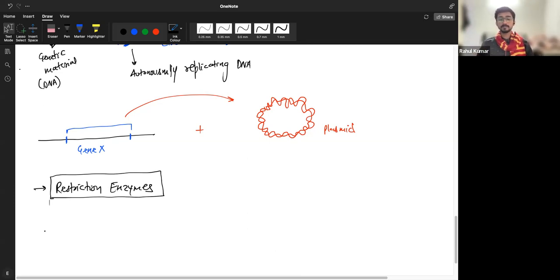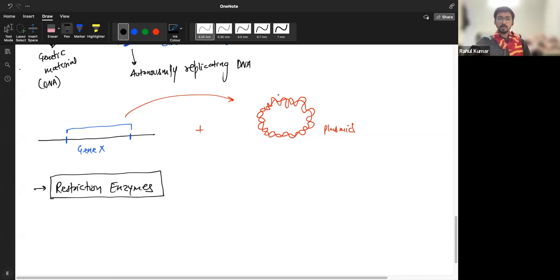Now restriction enzymes, as you know, recognize a specific location on the DNA, and that location is recognized on the basis of a sequence. Anything on a DNA is sequence based. So they recognize a specific sequence and then they go and cut at that sequence, because of which the double stranded DNA is cut and open.